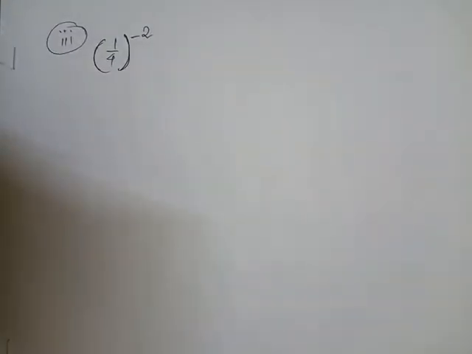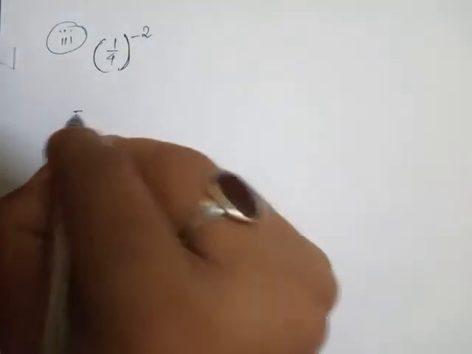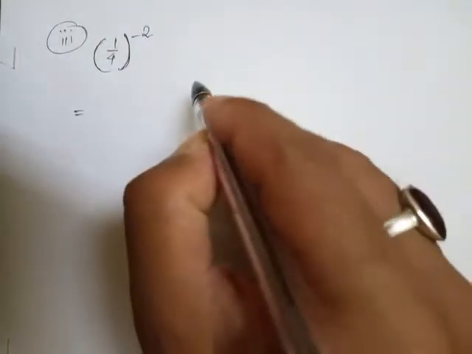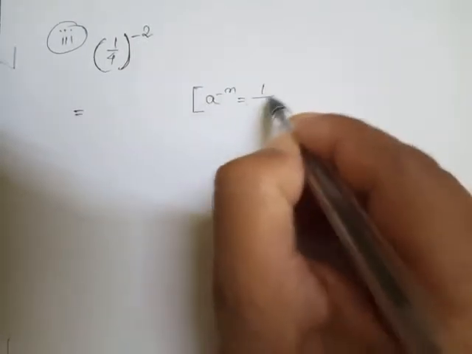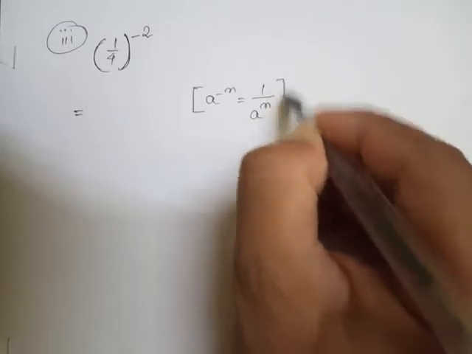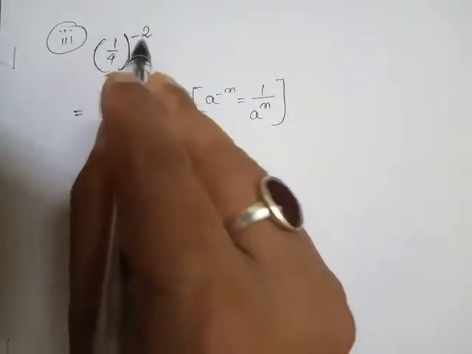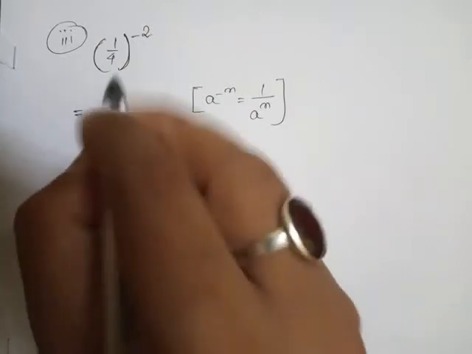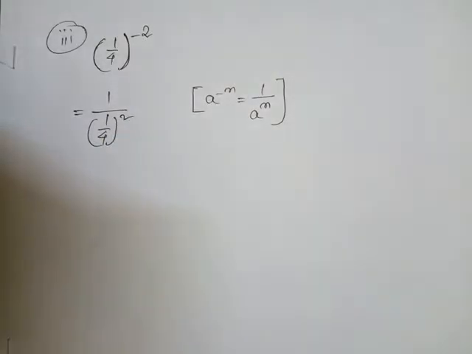We can use one formula here: if it is a to the power minus n, we can use the formula a to the power minus n equal to 1 by a to the power n. So here a means 1 by 4, which gives 1 by 1 by 4 whole square. We can write this one.